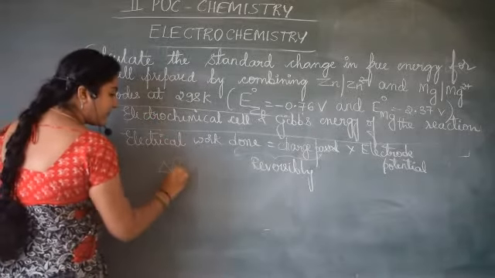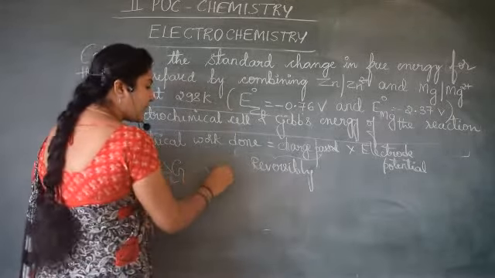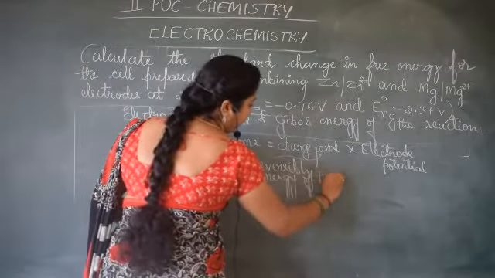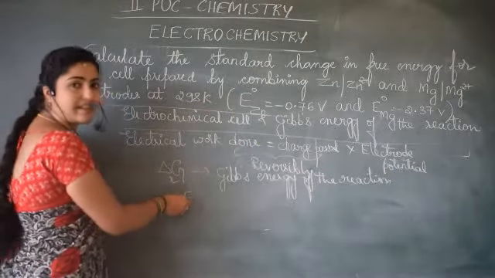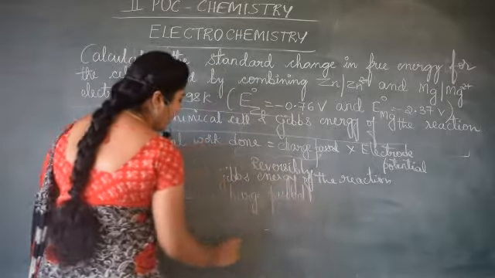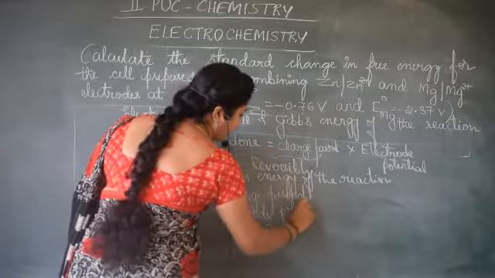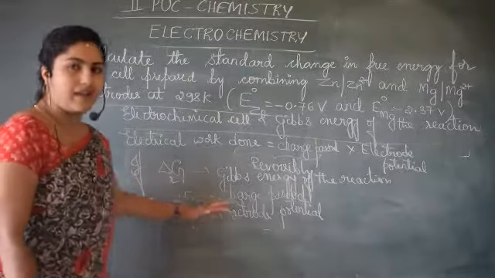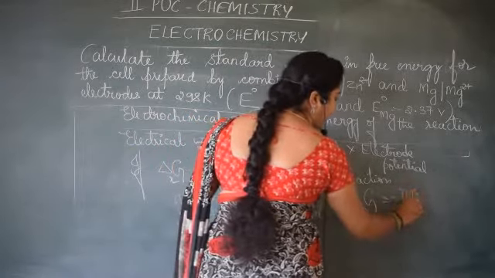Just make a note: if delta rG is the Gibbs energy of the given reaction, and nF, where n means number of electrons and F is Faraday's constant, is the amount of charge passed, and E is the electrode potential, then we get the expression delta G is equal to minus nFE.